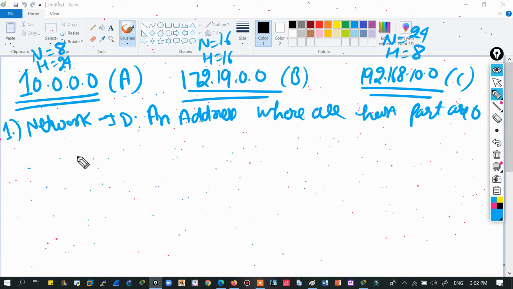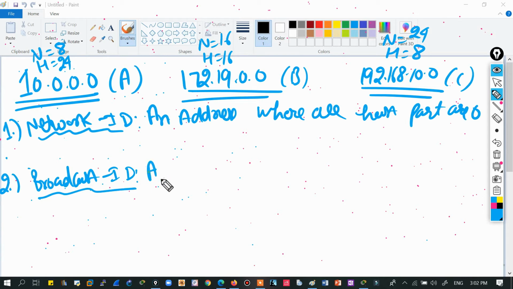What does it mean? Whichever is the host part, it should be 0, and the resultant is your network ID. Then again, broadcast ID, it is at number 4, so don't worry.